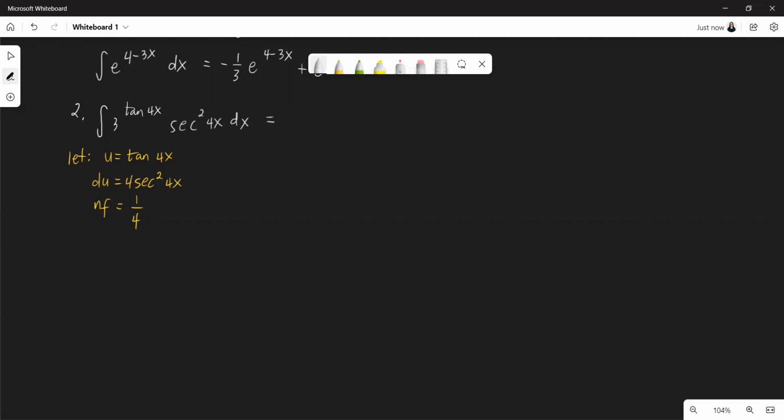You can put a neutralizing factor if the integrand lacks a certain number; you need to multiply it with that number and then balance it by multiplying with the reciprocal, the neutralizing factor. So we have here 1/4 for the neutralizing factor. Just put it outside, since it's a constant, using property number 2 of the indefinite integrals in chapter 1.